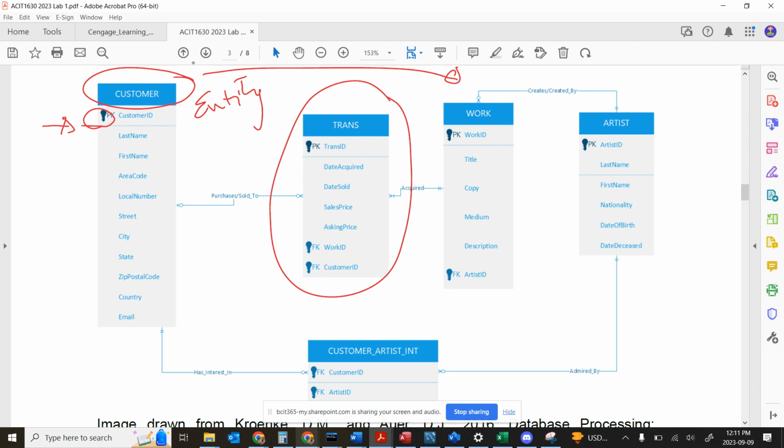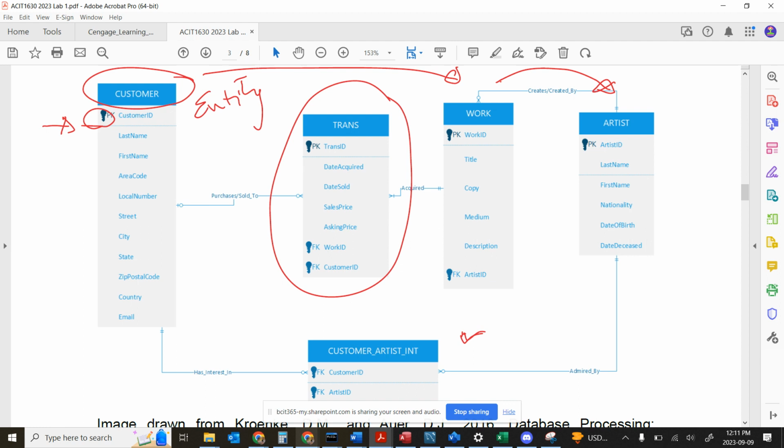And that specific work which the customer has bought belongs to an artist. So what is this table about? This is something I will mention in a while. There is a relation between artist and customer, but this is something else and some other entity which we will name later on. So now let's look at a relationship here.